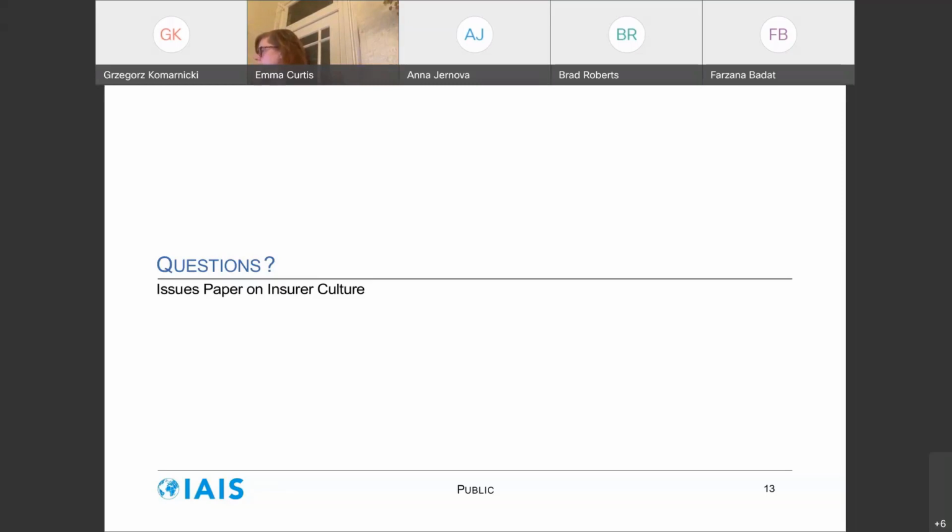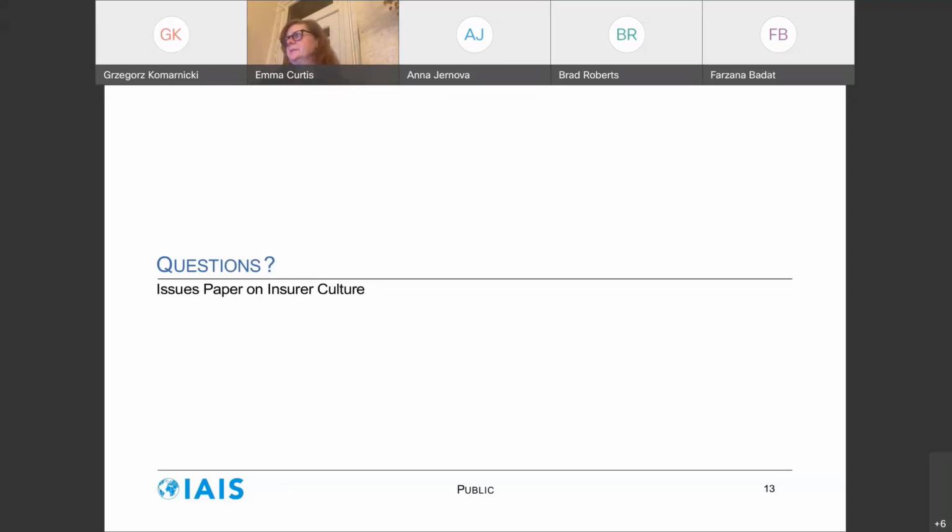I think when people think of conduct, it can be through a relatively narrow lens. And what we're trying to signal is that elements of culture and how particular issues are approached can be wider than that. I don't know, Emma, if there's anything you wanted to add on this from your work?